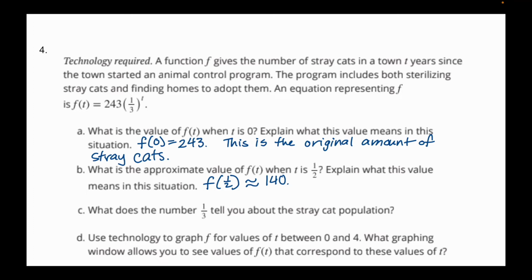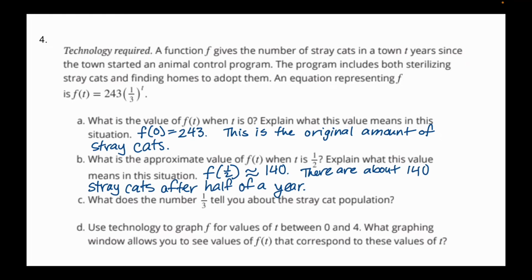And this would be the population of stray cats after about half a year. So there are about 140 stray cats after half of a year.